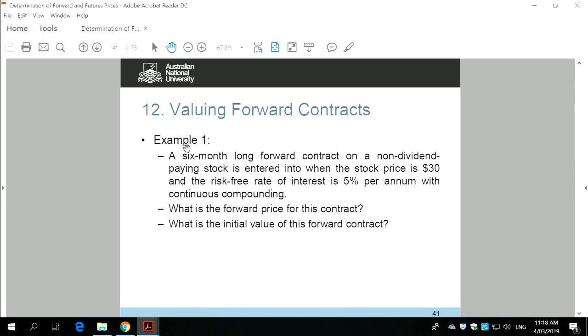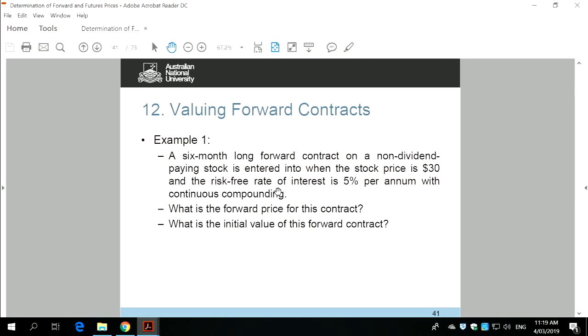It says, a 6-month long forward contract on a non-dividend paying stock is entered into when the stock price is $30, and the risk-free rate of interest is 5% per annum with continuous compounding. So when you read your question, your sense should pick up whether the interest rate is expressed in continuous compounding or as a nominal interest rate compounded at different frequencies. If it's not continuous compounding, convert it into continuous compounding, okay?